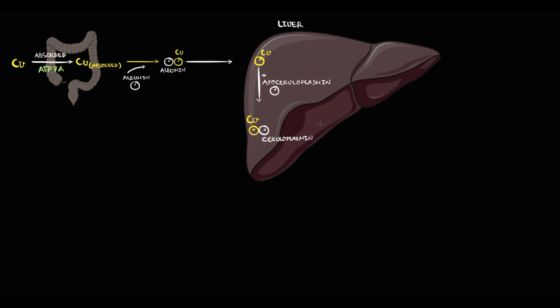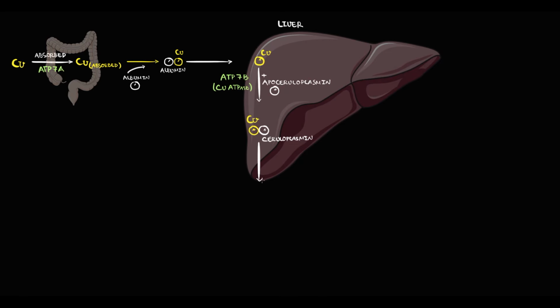Ceruloplasmin is basically apoceruloplasmin fully packed with copper, and this packing of copper is provided by the ATP7B protein, which is also called copper ATPase. Once ceruloplasmin is formed, this molecule leaves liver tissue, and through the bloodstream, ceruloplasmin delivers copper to peripheral tissues.